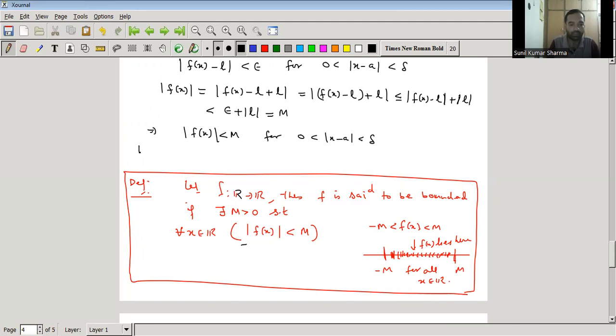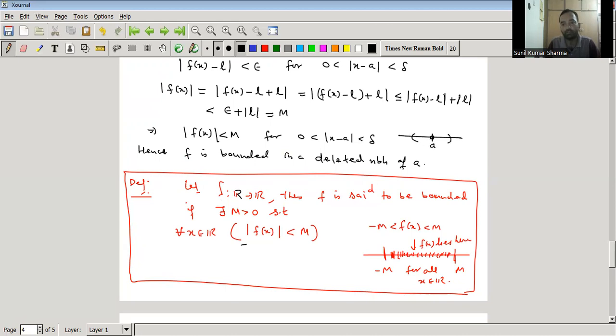So hence f is bounded in a deleted neighborhood of a. Deleted neighborhood of a means we are not taking the point a.